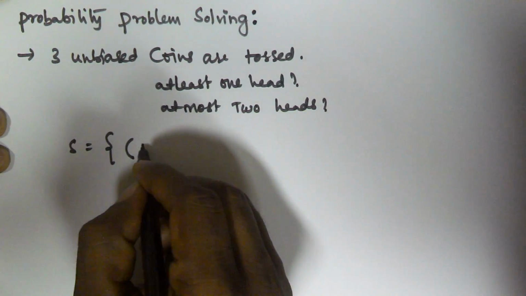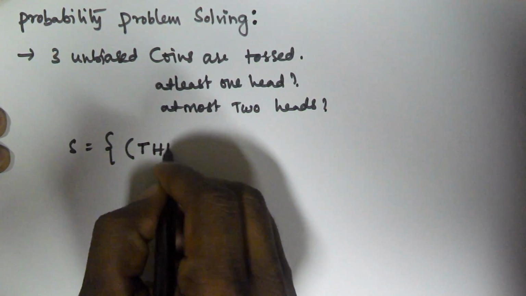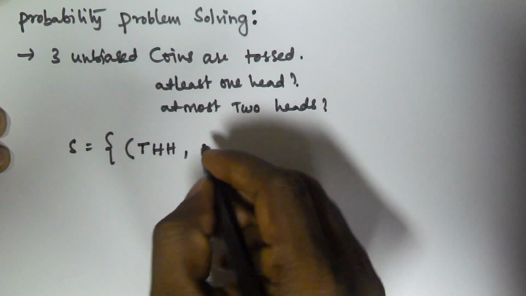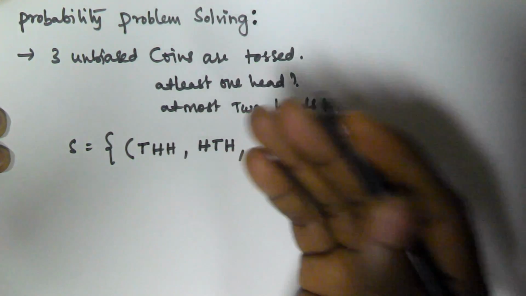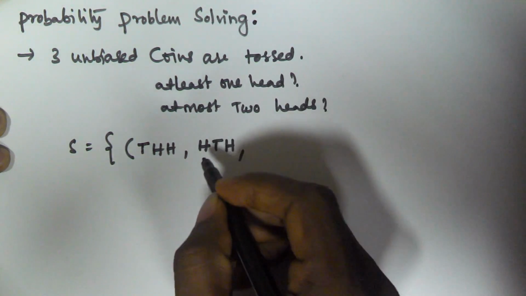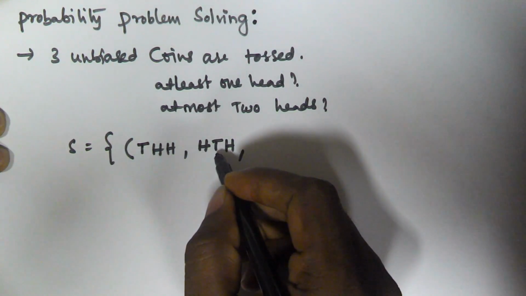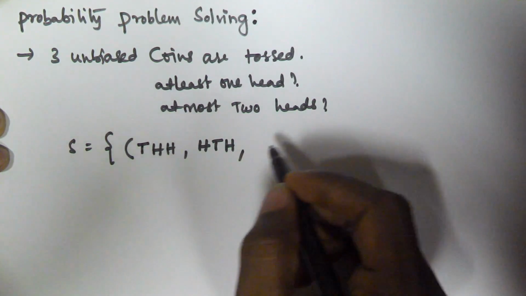So first one may contain tail or head, and second one may contain head, tail. Whenever we toss three coins, the first one may contain head, second may contain tail, third may contain head.